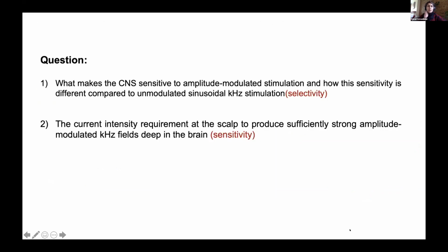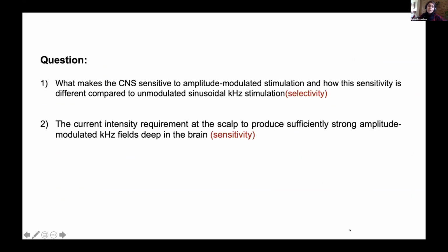So the two main questions that we started to ask throughout our study were what makes the central nervous system more sensitive to amplitude modulated waveforms, while it's not that sensitive to unmodulated ones. That is the matter of selectivity: how the central nervous system can select to be sensitive to the modulated one, but not to unmodulated ones.